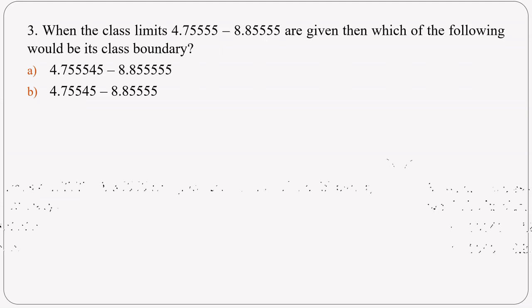You need to see how many decimal places there are, and subtract 0.5 from the lower limit and add 0.5 to the upper limit, with the corresponding number of zeros. Could you calculate and tell me, dear students, which is the correct answer, option A or option B?